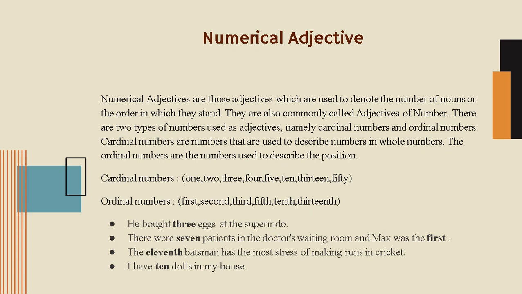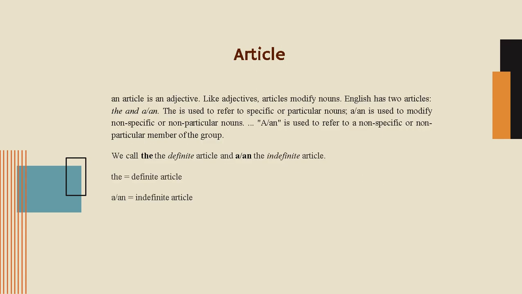The next is article. An article is an adjective. Like adjectives, articles modify nouns. English has 2 articles, the and a or an. These are used to refer to specific or particular nouns.